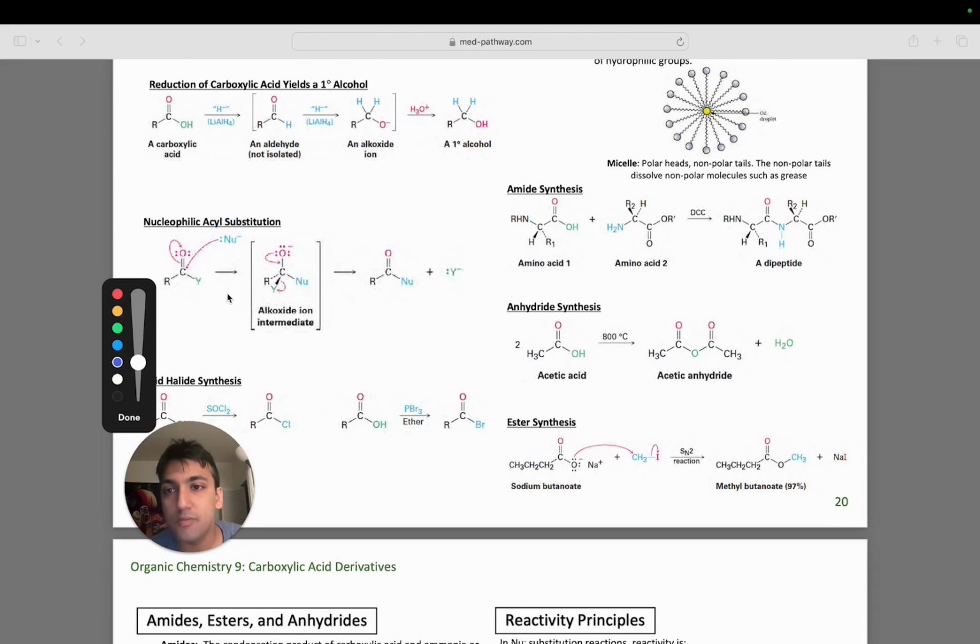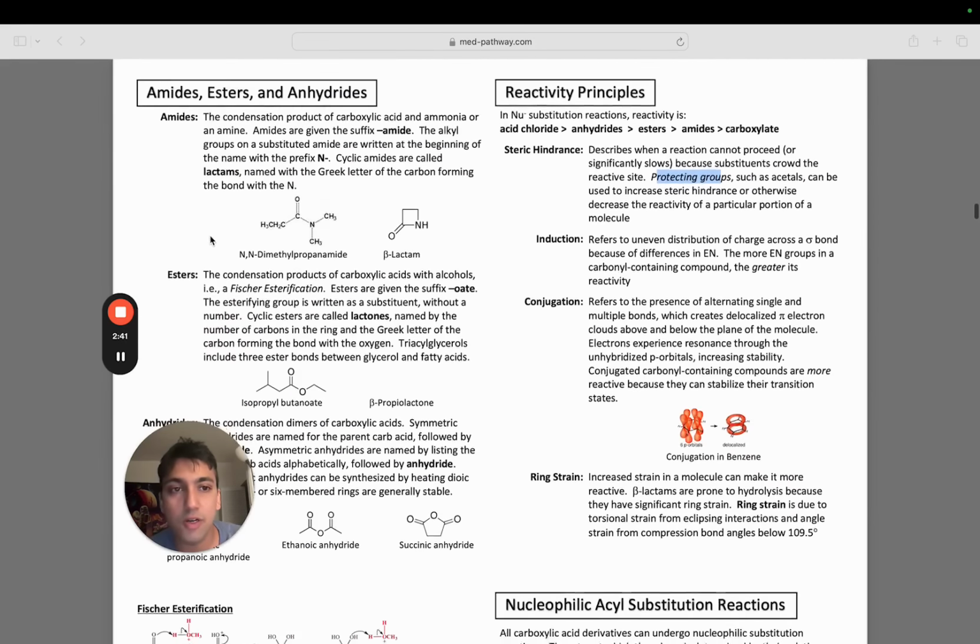So if we want to just keep this compound as is, we replace this Y with a protecting group, something that's really, really bulky. Now, because this is such a bulky thing, it's not going to be as easy for the nucleophile to attack, so this reaction is probably less likely to happen when we're adding so much steric hindrance. And then at the end, when we get the final product, we just replace that bulky group with a Y. That's basically what that is talking about over here.